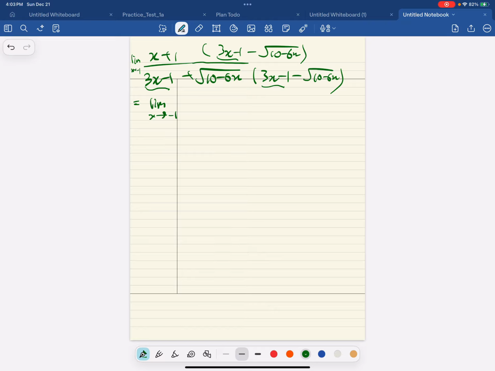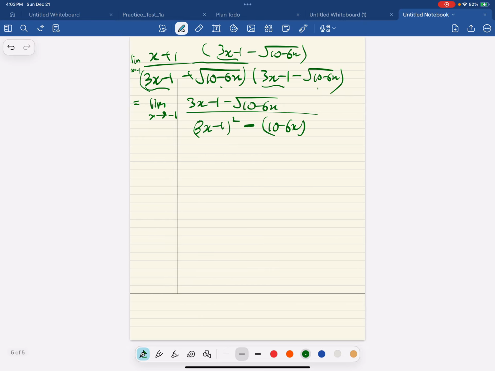Limit as x approaches minus 1 of 3x minus 1 minus 10 minus 6x over, well, so the top stays the same and bottom will multiply the common, so the a's and the b's will become a square. 3x minus 1 is going to become a square, and there's always a minus sign, and the b, these guys, will become no more roots, because by squaring it there's no more roots.